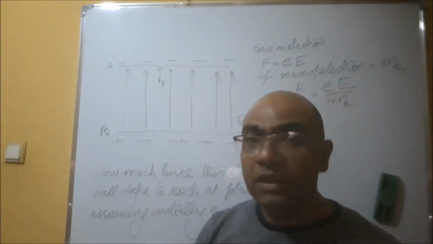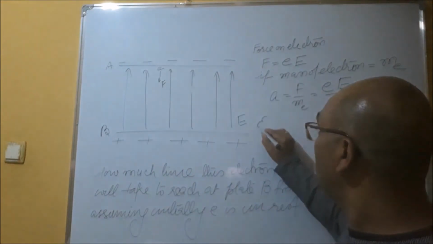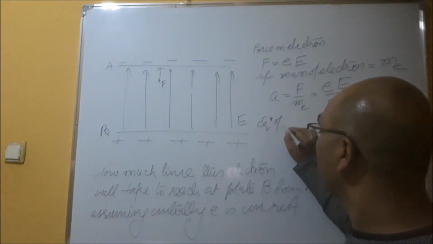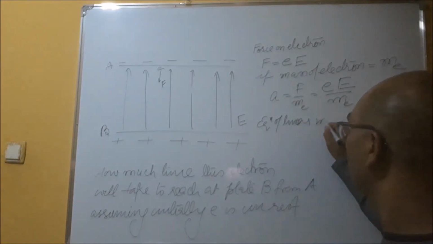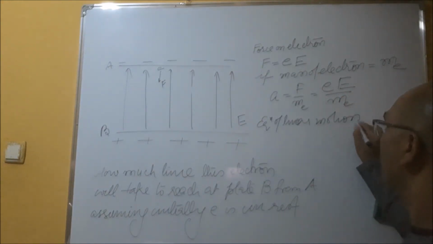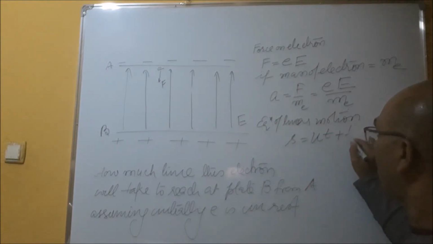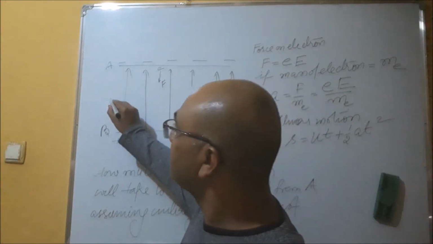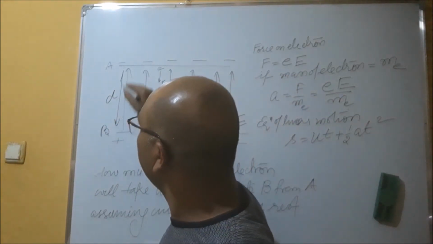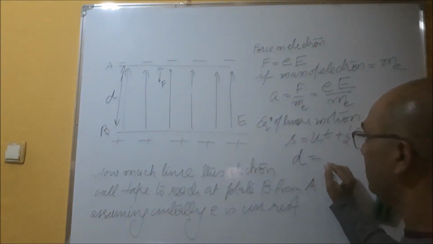Now you see the equation of linear motion, S equals ut plus half at square. If the distance between plate A and B is d, then S is d.